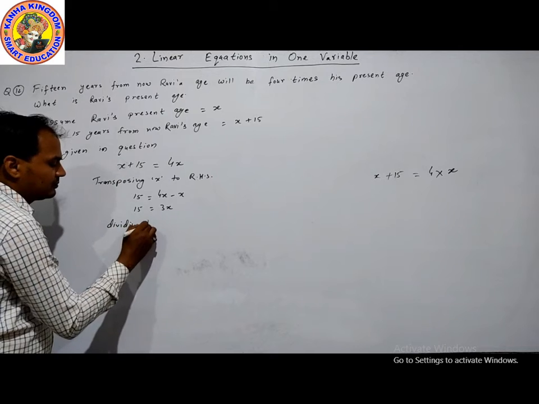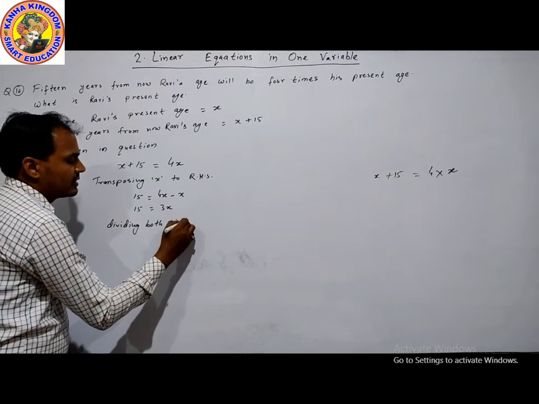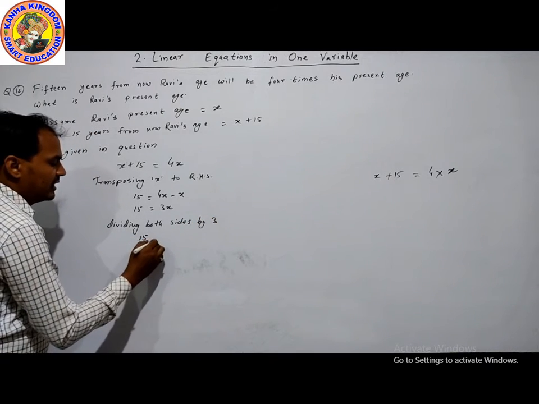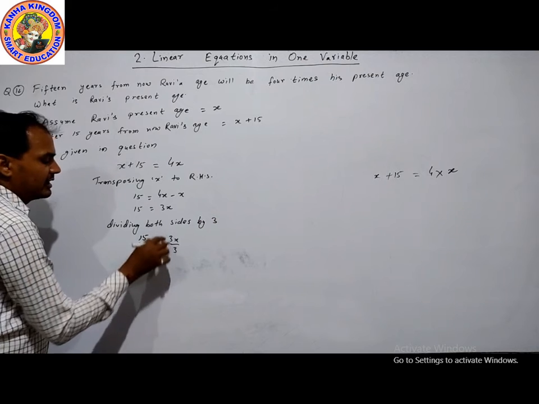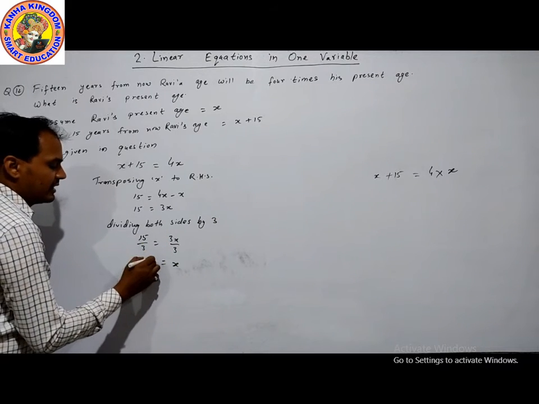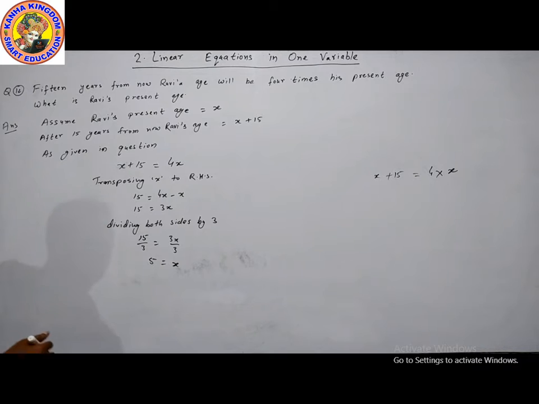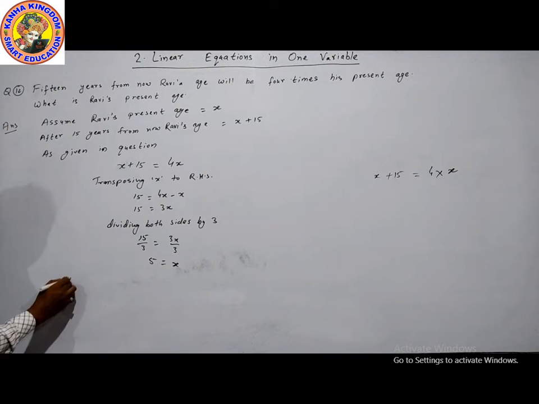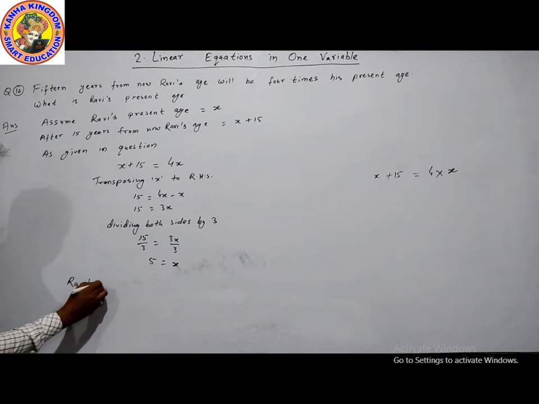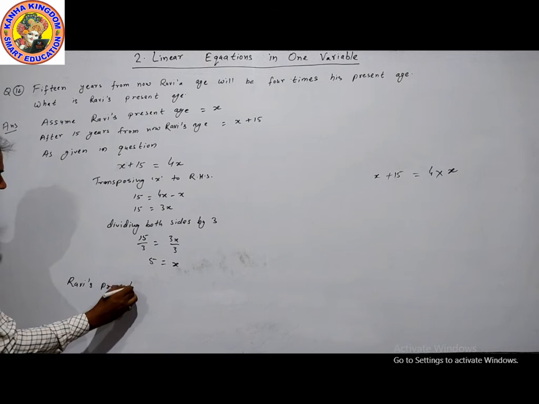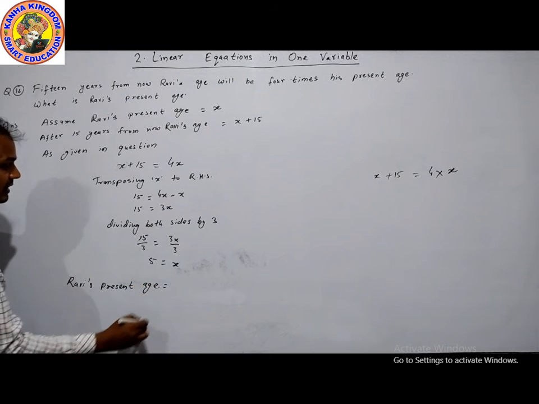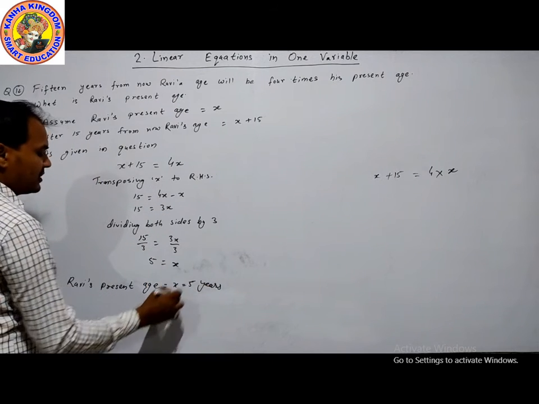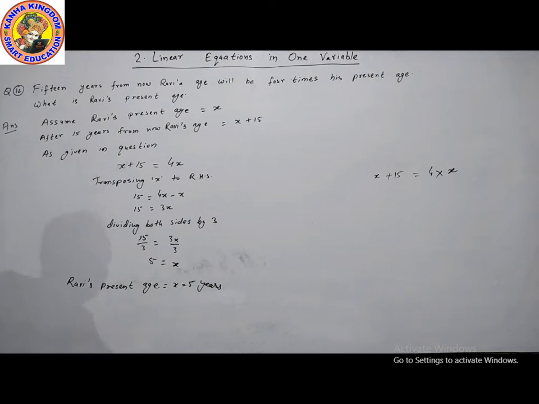Dividing both sides by 3. 15 by 3, 3x by 3. 3 and 3 cancel out. This is x and this is 5. X is equal to 5. But the question is, what is Ravi's present age? Ravi's present age is x, which is equal to 5 years.